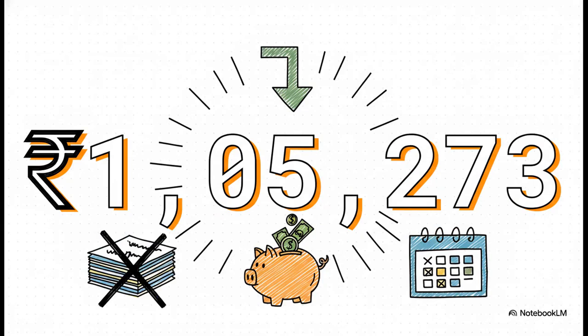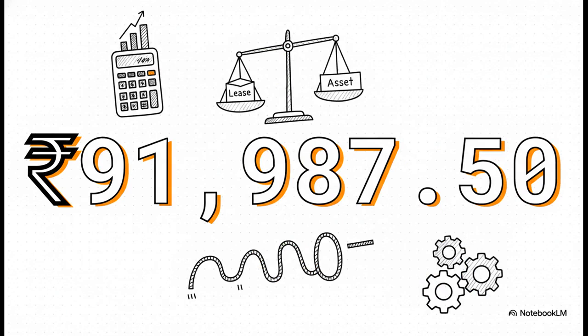Okay, let's make this real with an example right from the source material. Imagine by cutting back on your office space, your liability, that's the money you owe in the future, drops by just over 1 lakh rupees. But then you do the math for the other side of the equation, the proportional reduction in your right-of-use asset. You know, the value of your right to use that space.